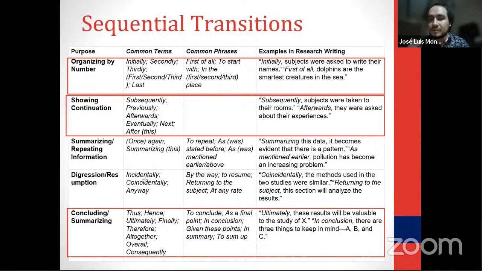You have to use a semicolon or period if you have this as a second part of your idea. So if it's in the middle, don't use a comma before first, initially, no. You have to use a semicolon or period. All right, it happens the same with therefore, right? If you use therefore, consequently, as a result in the middle, don't use a comma before that word. You have to use a semicolon or period.